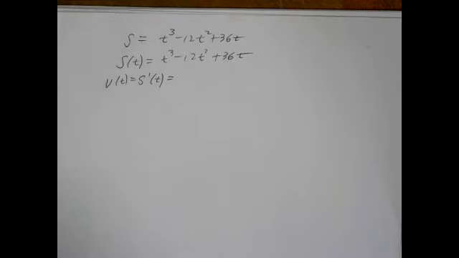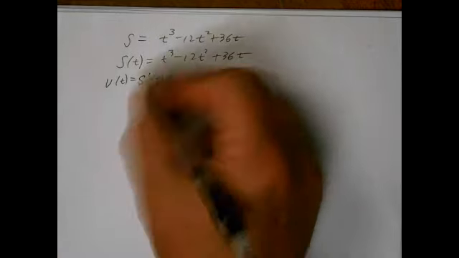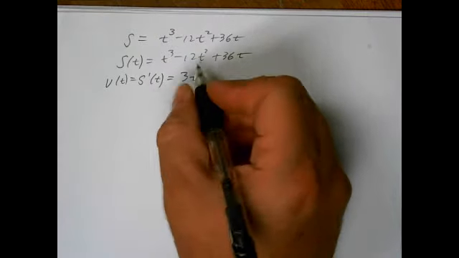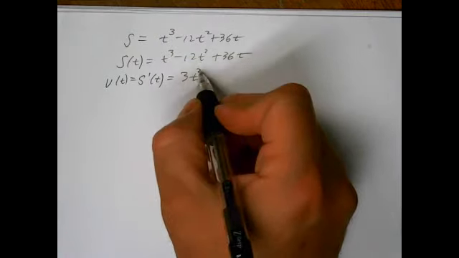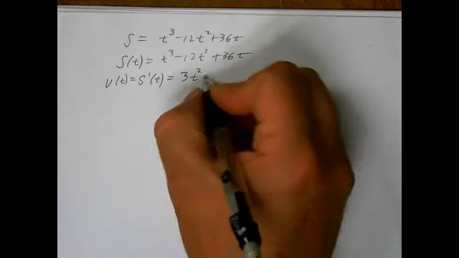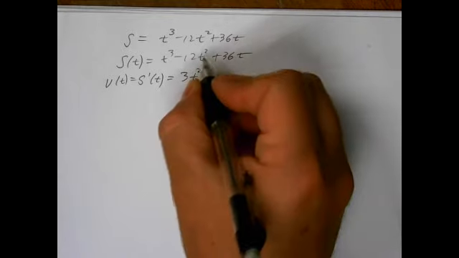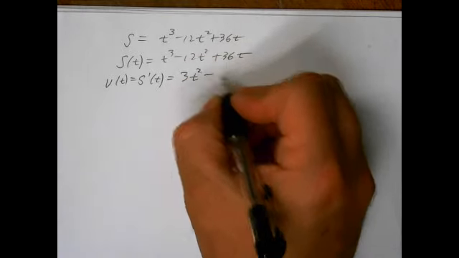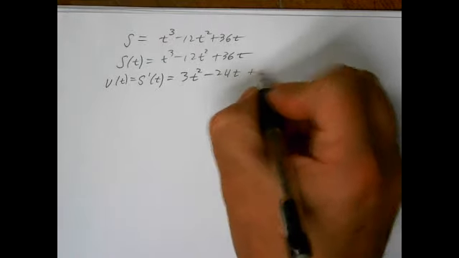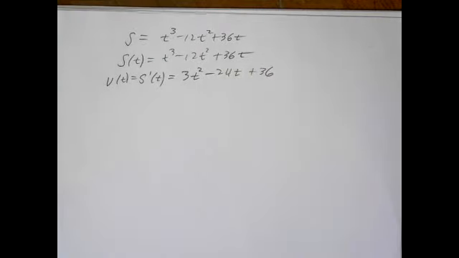I can simply use my rules. First of all, power rule. This can be 3t squared, because the 3 came down, the power reduced, times the derivative of t, which would be a 1. I'm not going to bother writing it this time because it's an application. Minus, again, the 2 comes down and gets multiplied, it'd be 24t times a 1, plus 36.